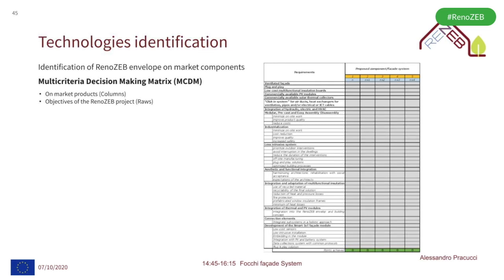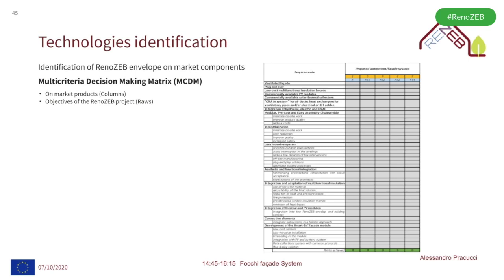And then there is the building application of these technologies. The first step of the definition was to decide what we should include in these facade solutions. On the market, there are many different technologies. It's quite difficult to understand which is the best one for the different purposes. The general idea was to design a product able to be applied in different market scenarios, so we issued this type of matrix for the evaluation of the products that we have included in the facade.